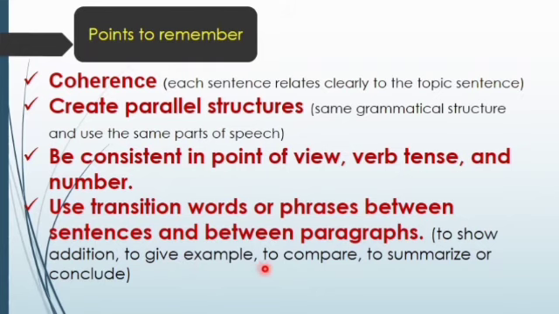To give an example, we can use words like for example, for instance, in fact, to illustrate. To compare, we can use the words also, in the same manner, similarly. To summarize or conclude a paragraph, we can use words like all in all, in conclusion, in short, in other words, on the whole, to sum up.